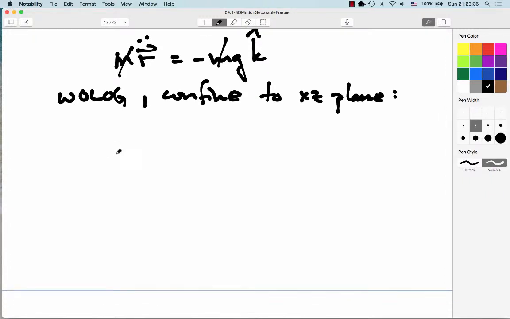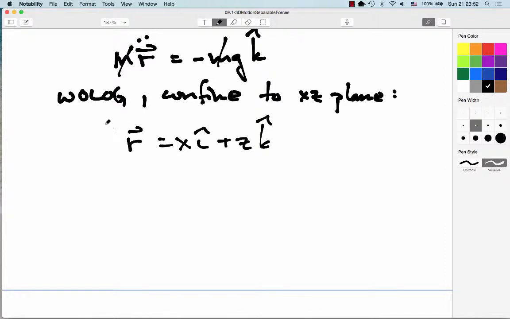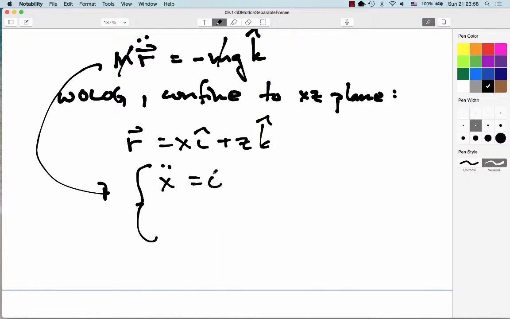A parabola always lives in a plane, so we're just choosing the coordinate system that lives in the plane. So we'll just write our r as x i hat plus z k hat. So we can take the components of Newton's second law, and that will become x double dot equals 0 and z double dot equals negative g.